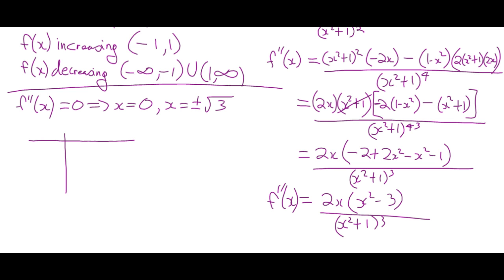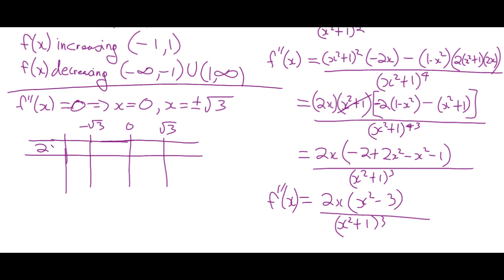So, what do we got? 0. No, actually. 0. Oh, no, I think negative root 3 is less than 0. Yeah, I think so. Okay.